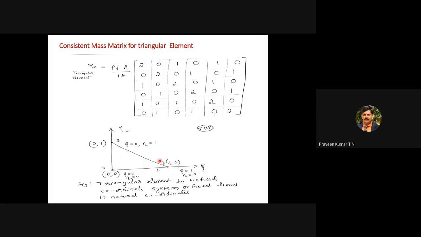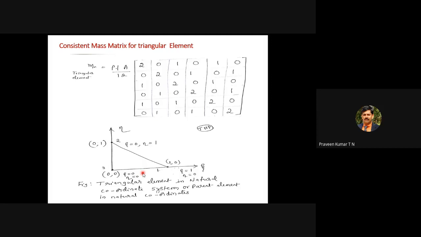So we can write the triangular element in global coordinates, or express the same element in the parent element or natural coordinate system. In the examination, you can write one triangular element in global coordinates, and one more in natural coordinates, and then derive the mass matrix for the triangular element.